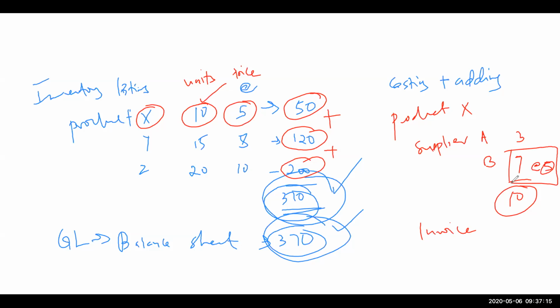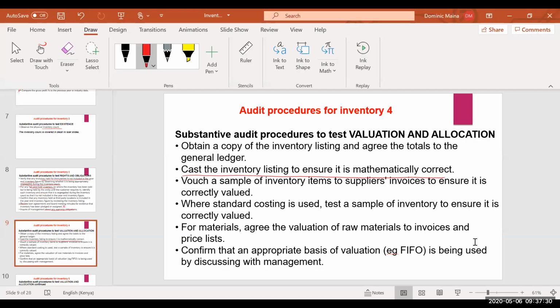So you want to confirm: is it true that the cost was $5, going back to the invoice the company received from the supplier? Hope that's clear. So take a sample and vouch a sample of inventory items to supplier invoices.